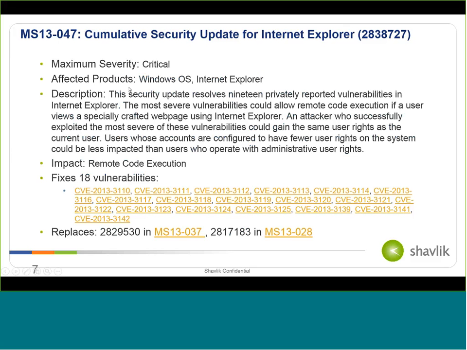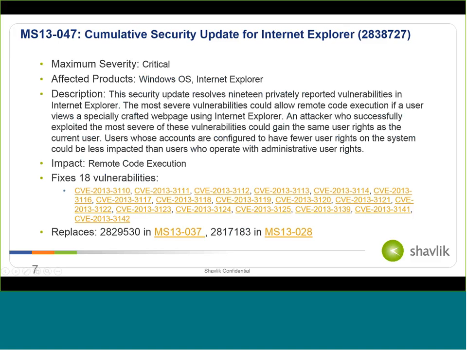So the first patch that we will talk about is the IE patch. This is a cumulative security update for Internet Explorer. It does affect all versions of IE and several operating systems as well that ship with the browser included. It is a critical severity. It resolves 19 privately reported vulnerabilities.